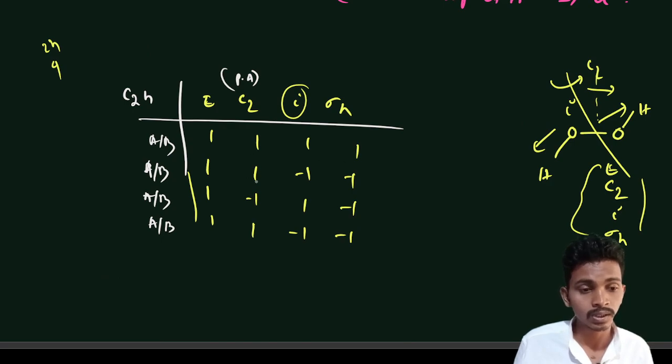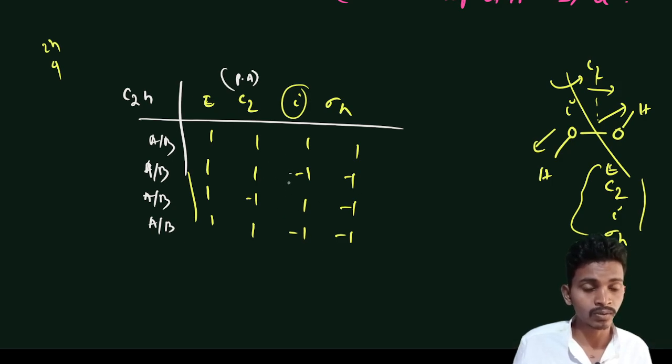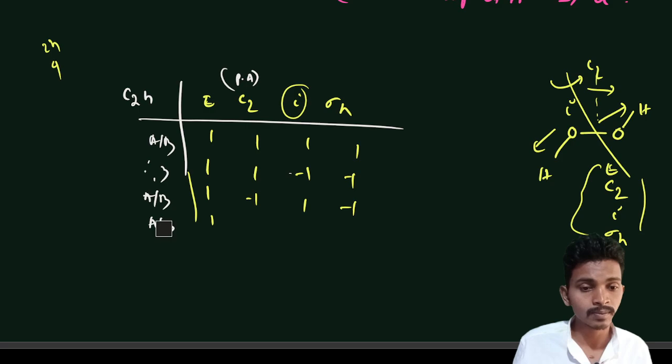Is anything wrong with it? 1 minus 1. Principal axis is this. I think something went wrong. Yes, this one I repeated. Repetitions are not allowed because this and this value get the same, right?